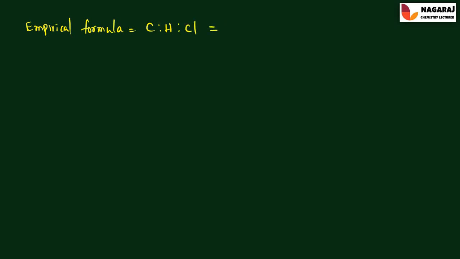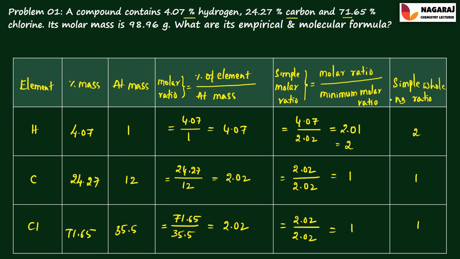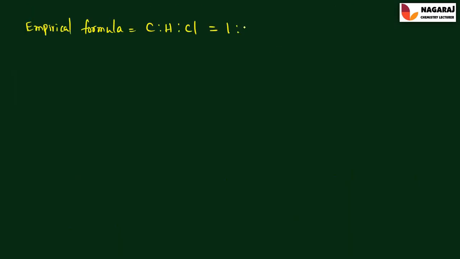The ratio of carbon is 1, the simple whole number ratio of hydrogen is 2, and for Cl the simple whole number ratio is 1. So the empirical formula of the compound is C1H2Cl1, or CH2Cl.